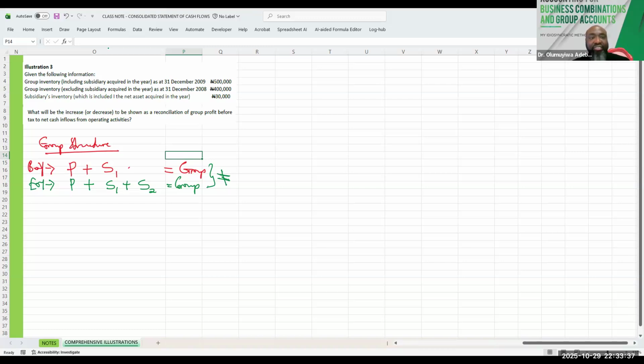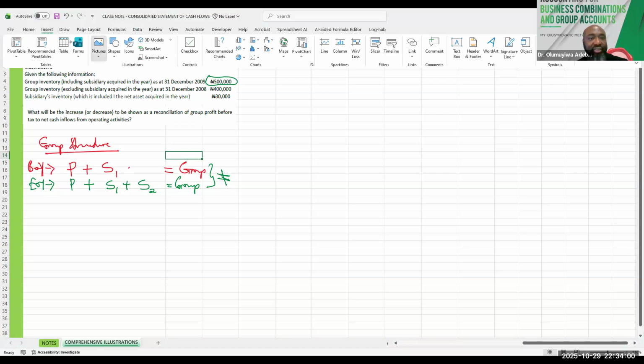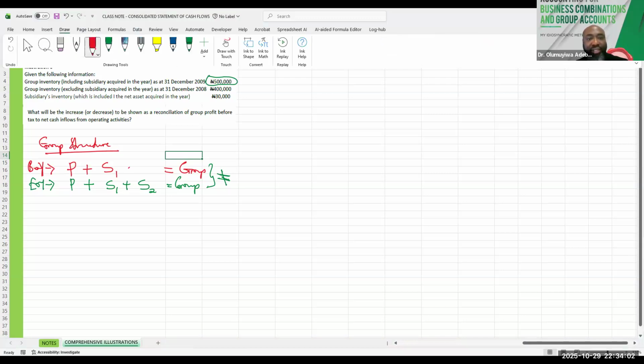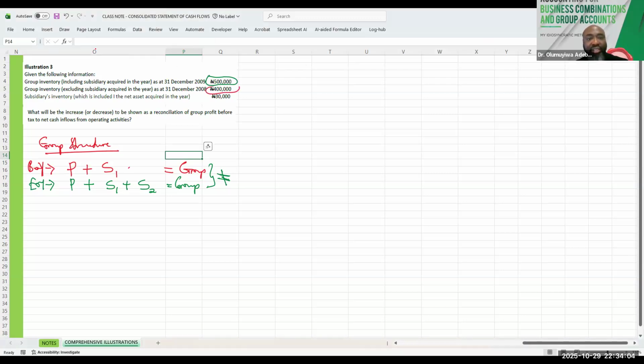Therefore, we can't just say the movement, either increase or decrease in the group inventory, is the difference between 500,000, which is at the end, and 400,000, which is at the beginning. That would be a wrong philosophy.